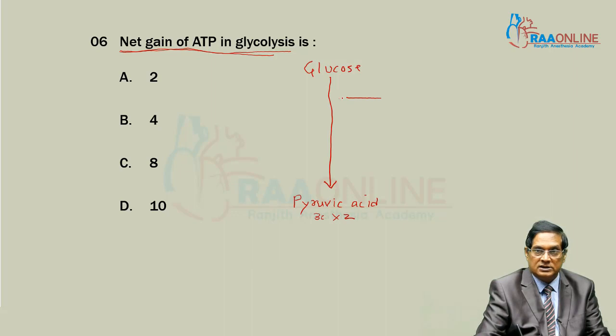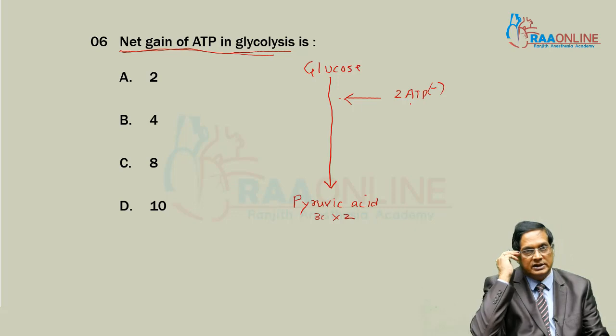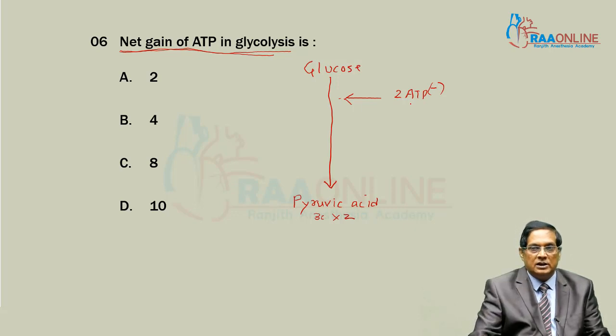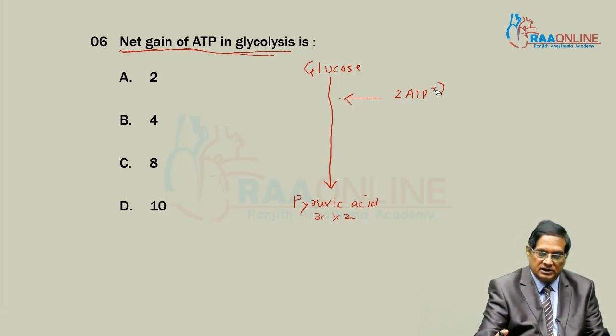During the glycolysis process, 2 ATPs are consumed at the initial stage.